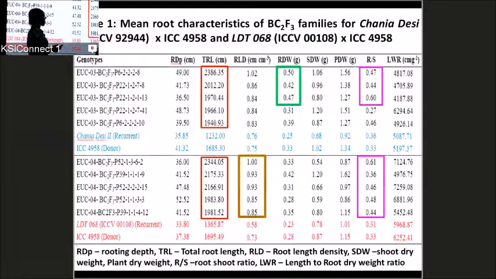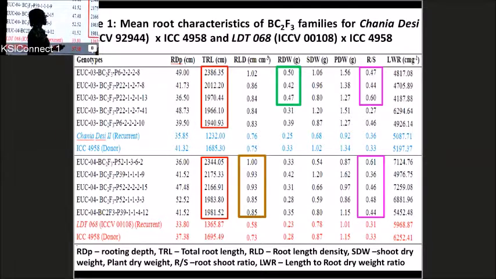From this table, these were the traits measured: rooting depth, total root length, root length density, root dry weight, and so on. From the results, I've only presented the top 5 based on total root length.